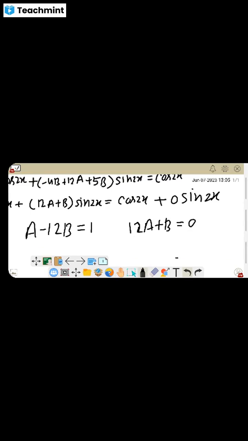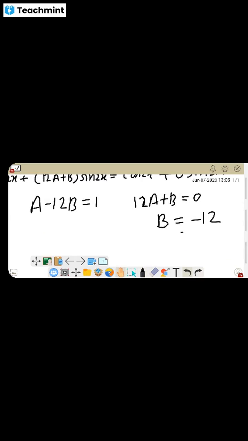Now we can simplify from here: b is equal to minus 12a from this equation. Now put in this equation. So a minus 12 and value of b is also minus 12a, is equal to 1.